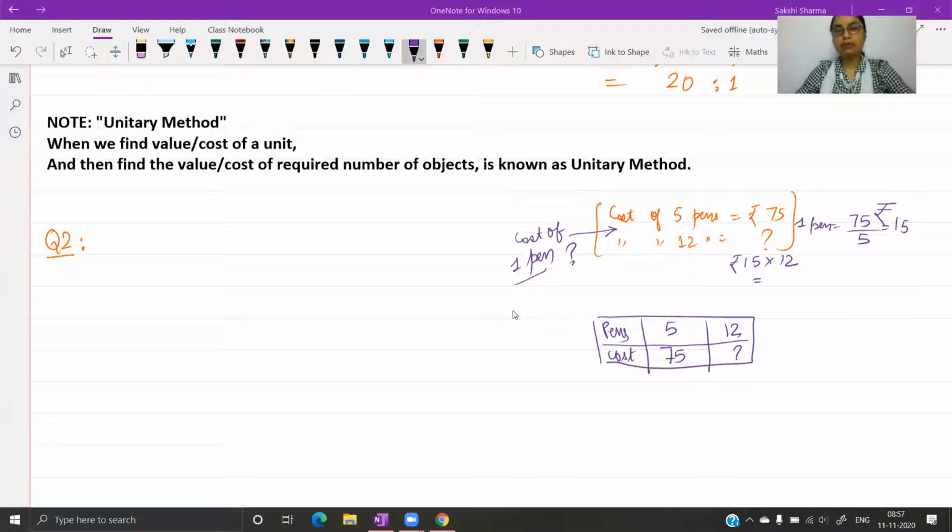We are discussing the unitary method. I have taken this example.